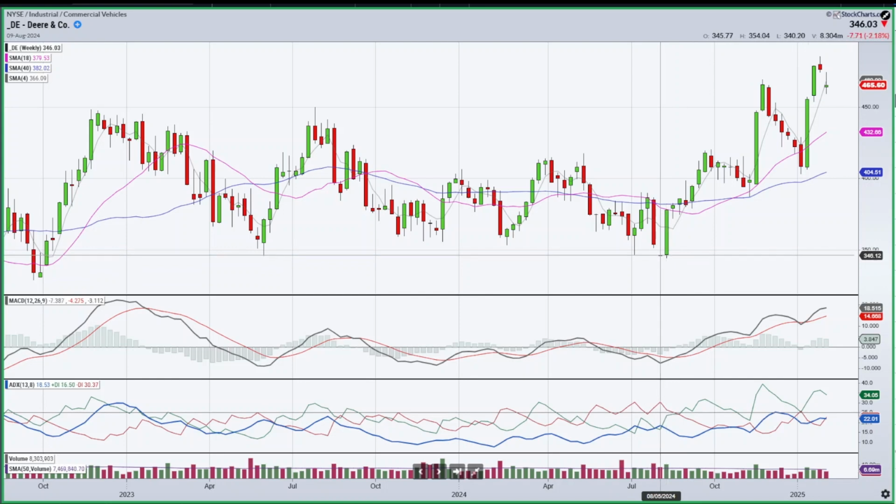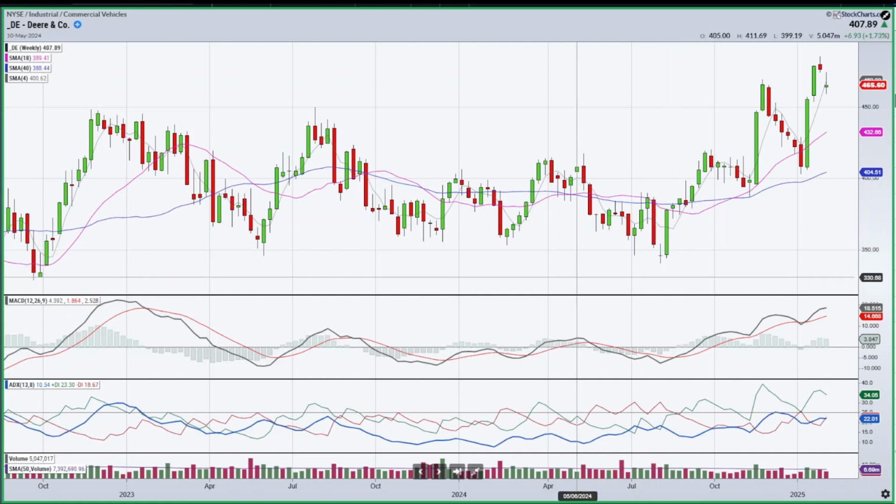If you're on the lookout for this pattern, you want to see some kind of exhaustion sign, a bar that has no follow through, or a reversal bar like this. This doji bar definitely suggests we need to be on the lookout: is this a pause in the downtrend, or are we going to see a reversal?